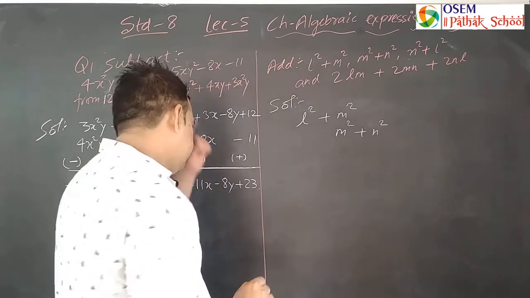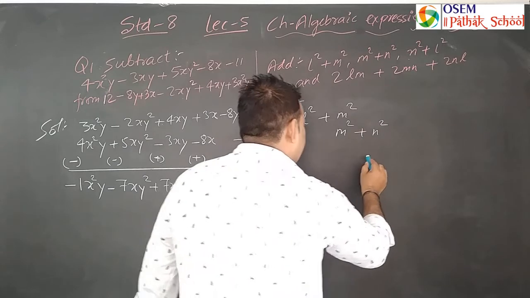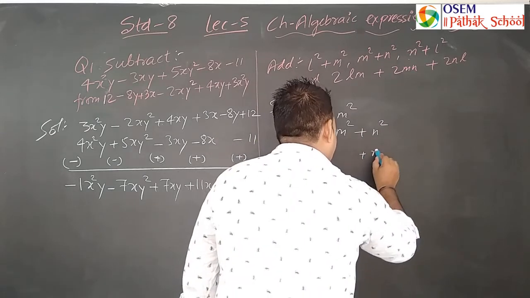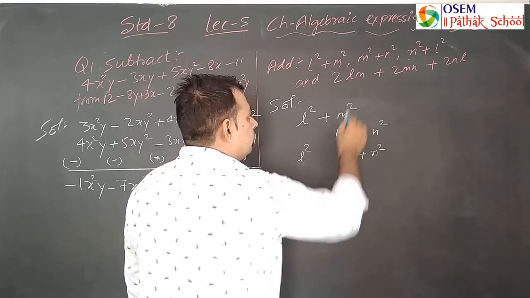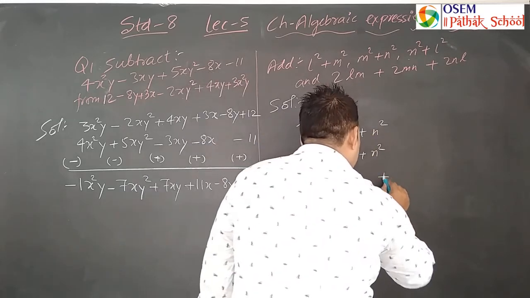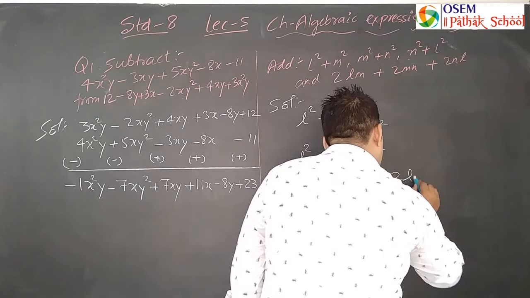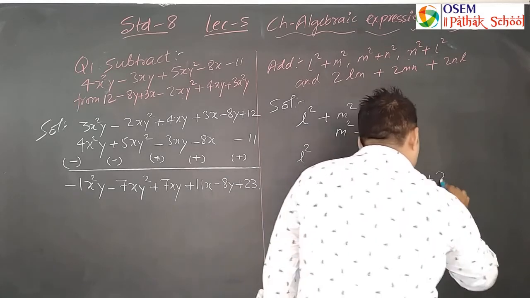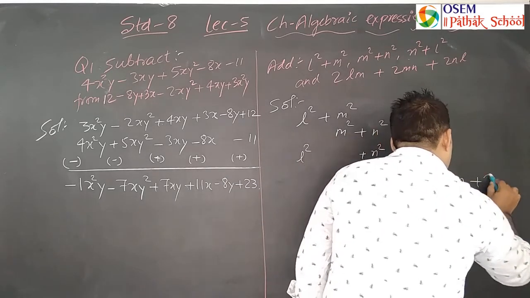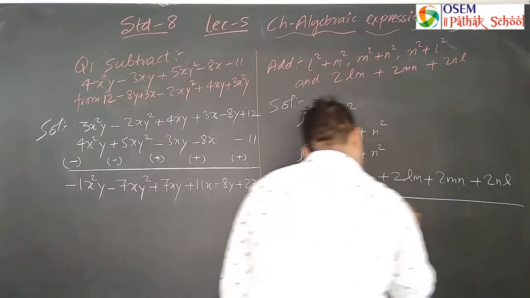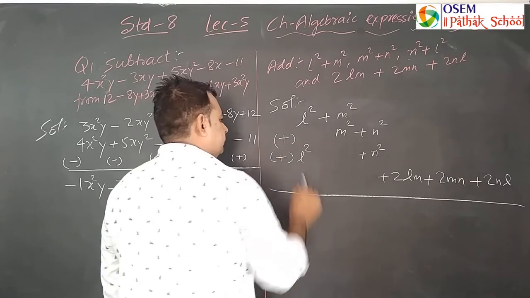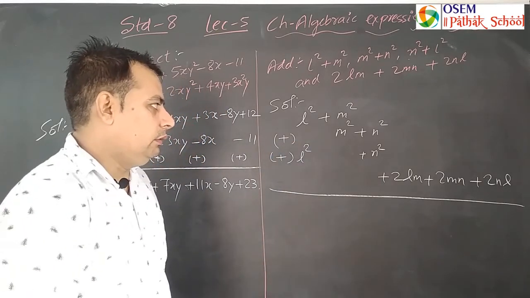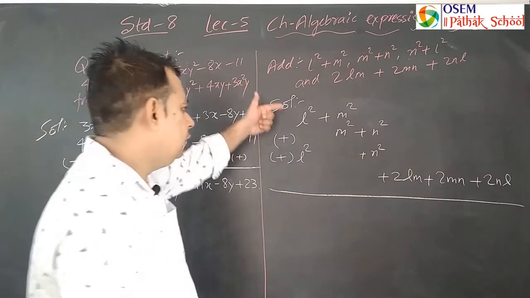Then n square and l square. Then this one is different: 2ln, 2mn and 2nl. The addition sign is over here. I have arranged the terms in their form.